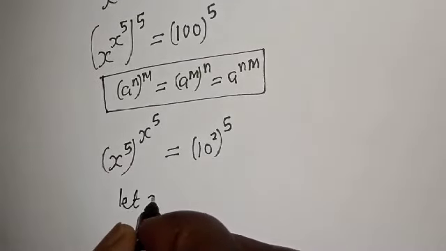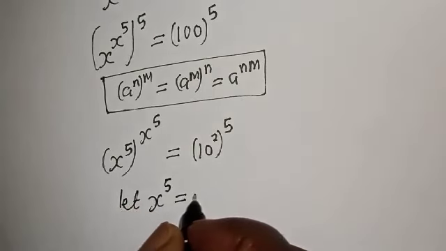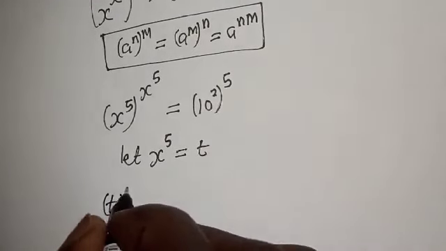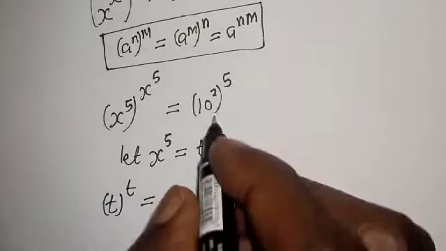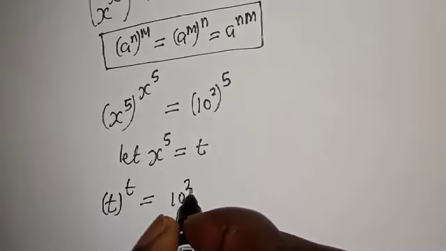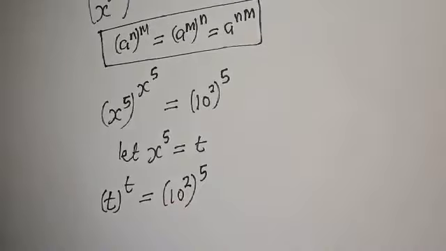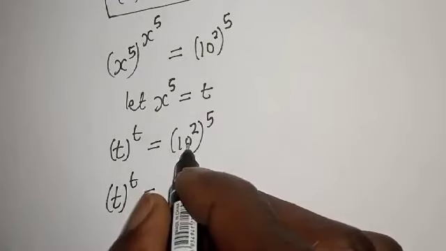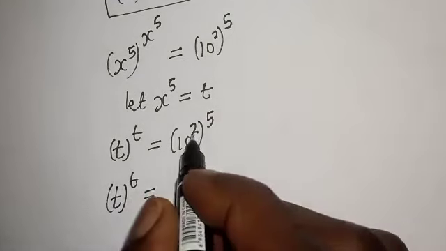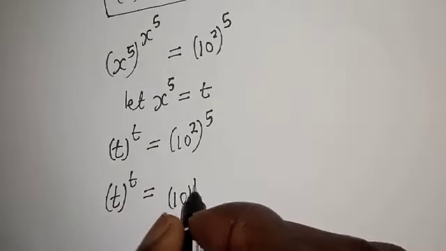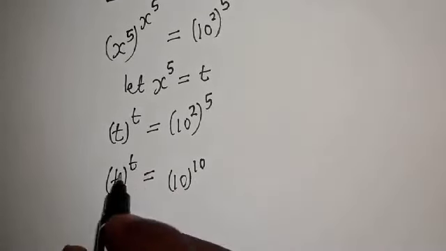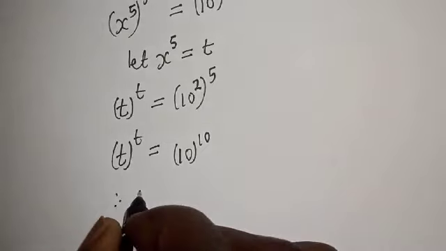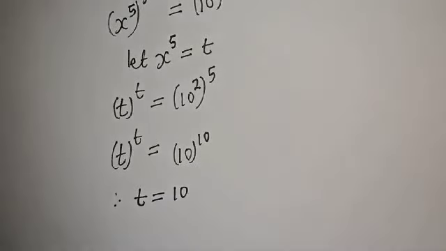Let s raised to power 5 is equal to t, and t raised to power t is equal to 10 squared to the power of 5. T raised to power t is equal to 10 squared to the power of 5, which can be written as 10 raised to power 2 times 5, that is 10 to the power of 10. If you look at this, the base is equal to 10 and the exponent is equal to 10. Therefore, t is equal to 10.